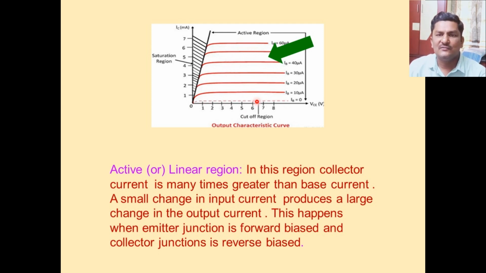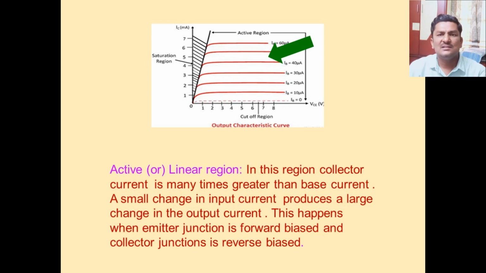Next we move on to the third region, the active region or linear region. Here the base current is in microampere and the collector current is in milliampere. So the collector current is more than that of the base current, many times greater.